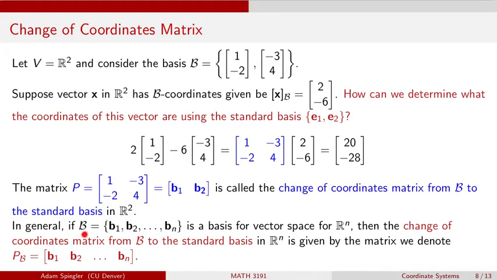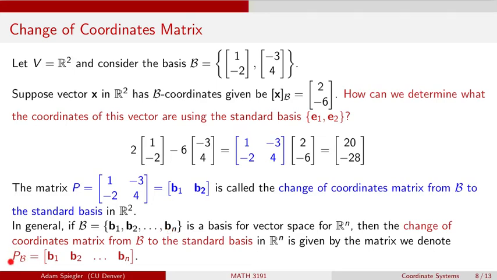If we take B to be a collection of n different column vectors that form a basis for Rn, then we can define the change of coordinates matrix from any basis B for Rn to the standard basis for Rn by constructing this matrix P, again, whose first column is the first basis vector, second column is the second basis vector, all the way out to its last column, the last basis vector in our set B.